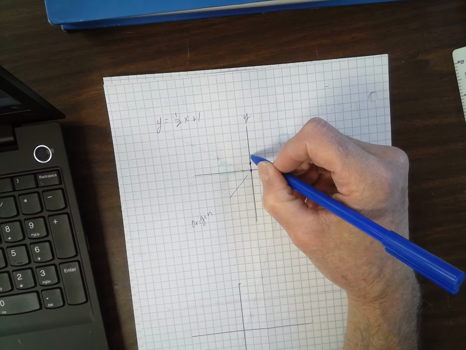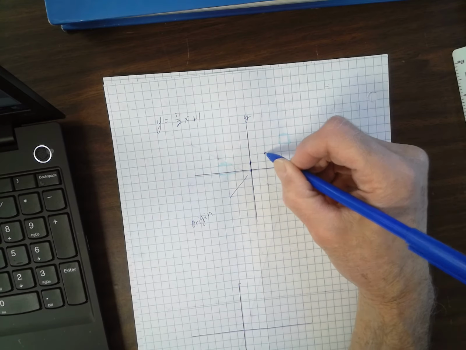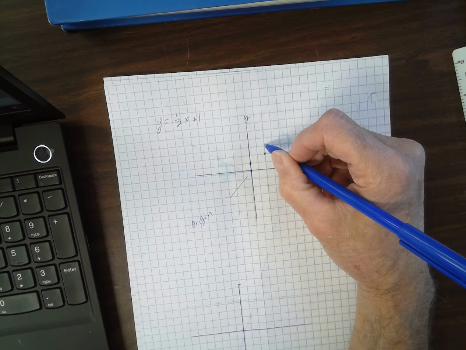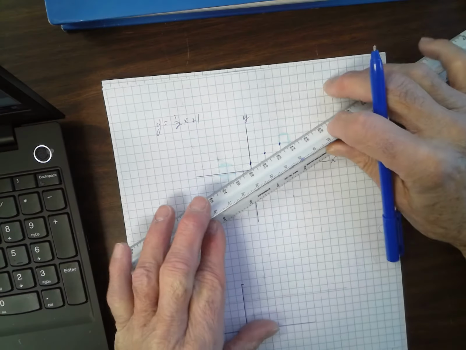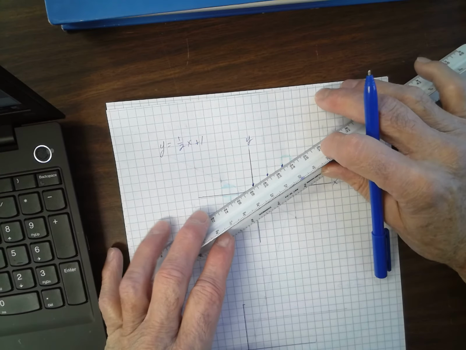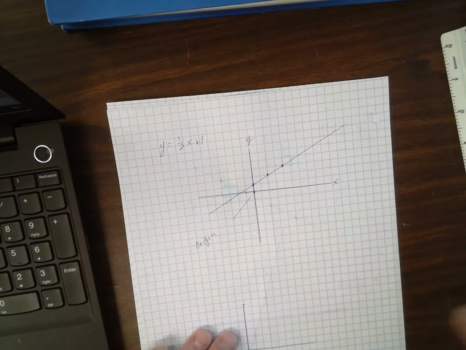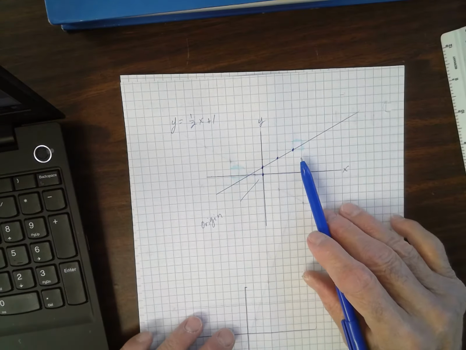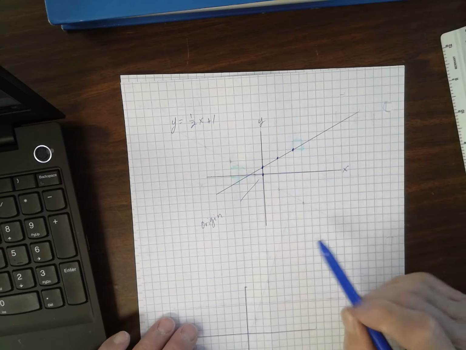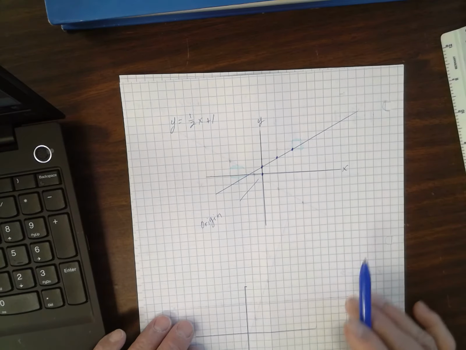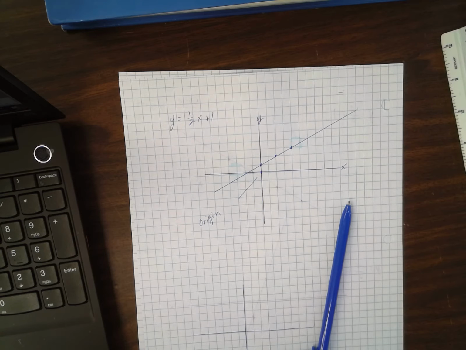Rise 1, run 2. Rise 1, run 2. Now I'm going to connect the dots. So there's my graph. When you guys do graphs in your book, this is what I want to see, a crisp line. I don't want to see a drunken line. I want to see very crisp, that you've used a straight edge of some sort.